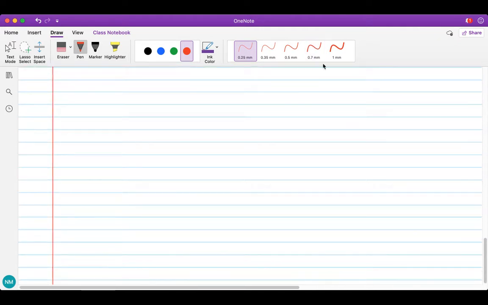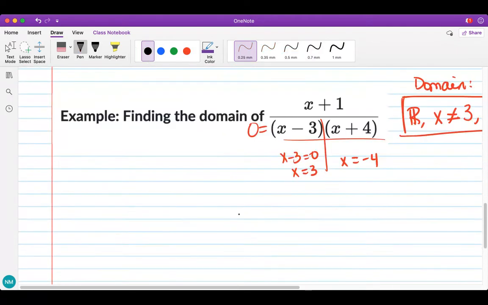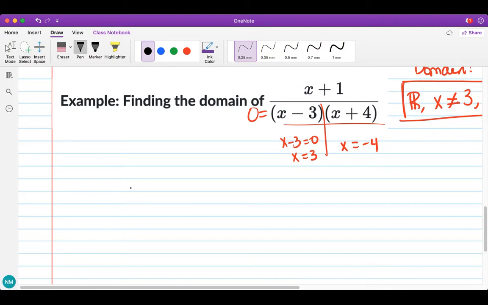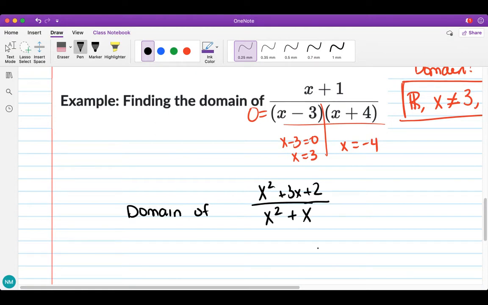Is there another example? No. I'll do one more. What is the domain of x squared plus 3x plus 2 over x squared plus x, right? So what you would have to do is factor this out, and by factoring this, you would have to find the GCF.